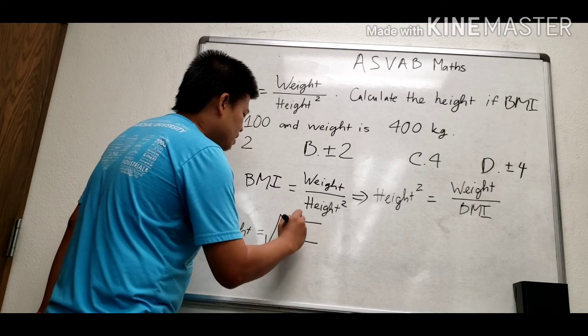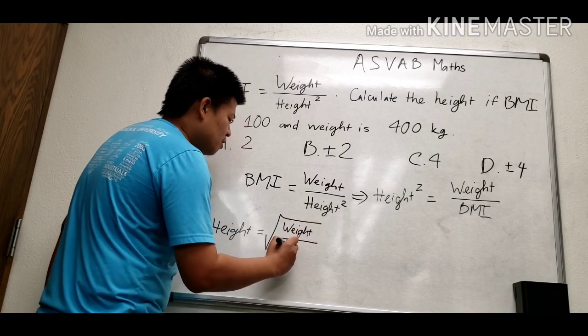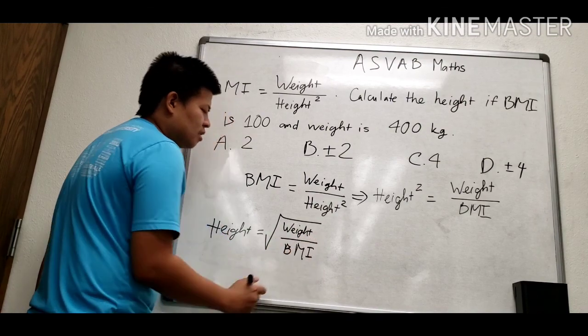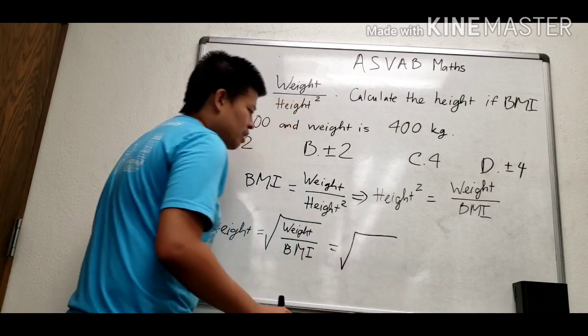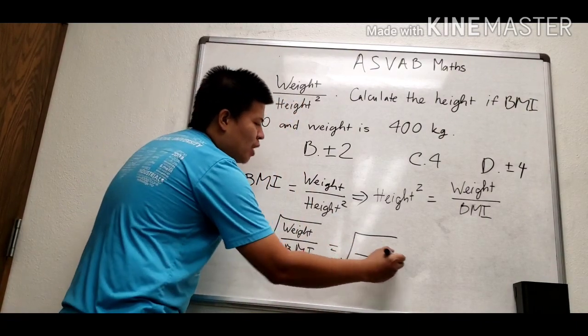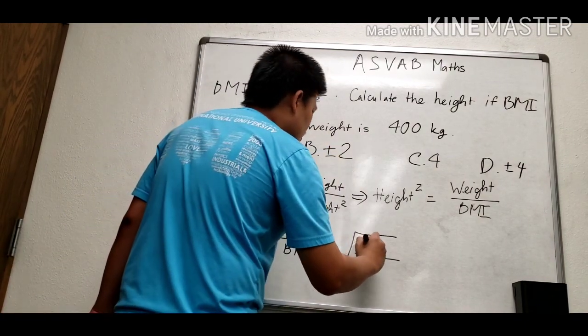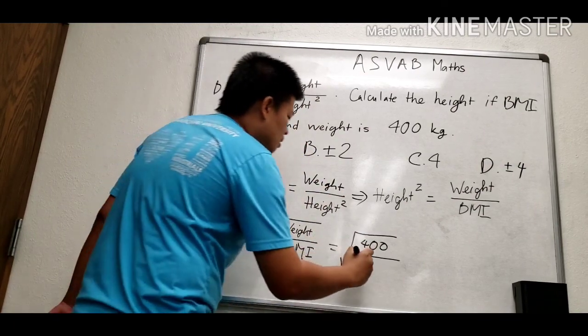We have the weight divide by BMI equal to the square root in here. We have the weight. The weight in here is about 400 divide by 100.